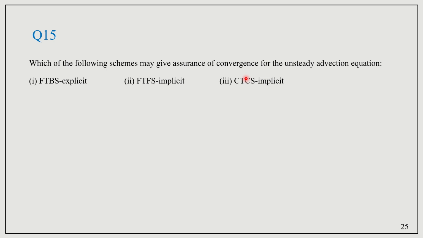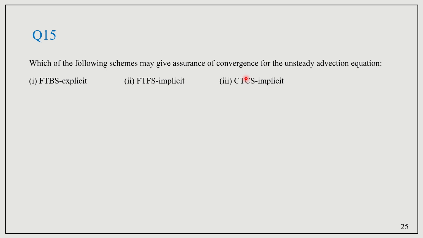Mostly it is an advection equation, so it will be dou f by dou t plus dou f by dou x equal to 0. In those cases, as delta t and delta x approach 0, the error will also be minimizing. So mostly these three systems will be consistent.